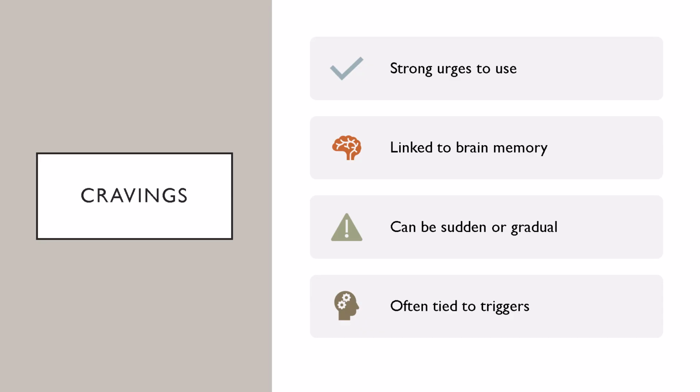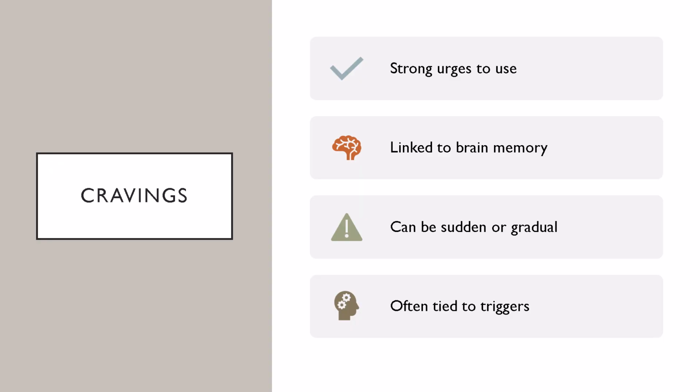And cravings, these are one of the most challenging aspects of addiction. And they're going to play a significant role in the progression and also the relapse. A craving's not just a simple desire. It's strong, and a lot of times it's an overwhelming urge to use that substance.